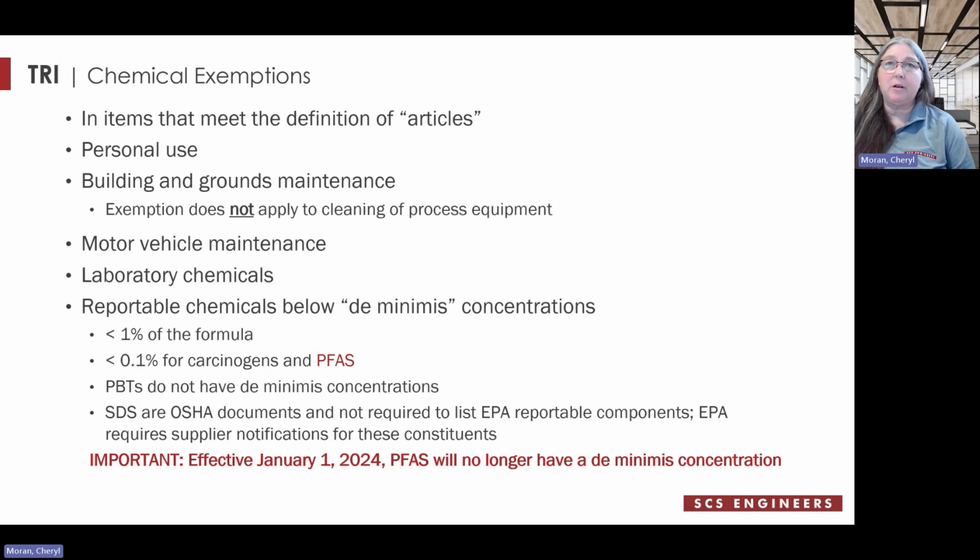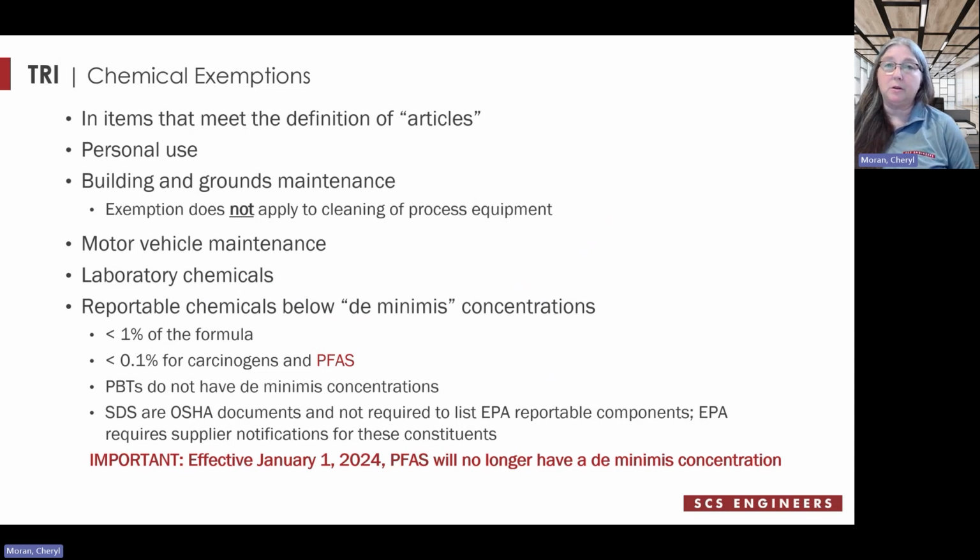Any chemicals that are in your building for personal use, building and grounds maintenance chemicals, but note that this does not apply to any chemicals that are used for cleaning process equipment. That is not exempt. Motor vehicle maintenance, laboratory chemicals, and reportable chemicals that are below what are called the de minimis concentration in the formula of a mixture that you are evaluating.